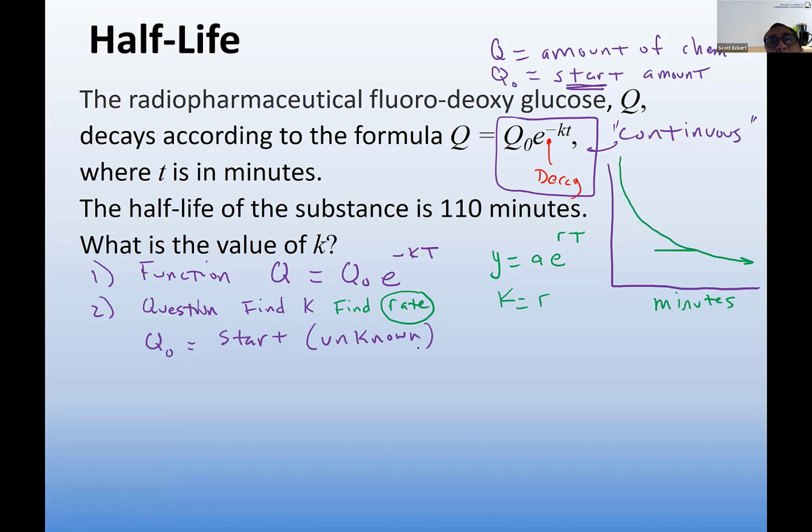They didn't tell us, are they going to put in 1 milligram, 1 milliliter, 2 micrograms? They didn't tell us. Okay, so we do not know Q naught. We do not know K. And that is the one we've got to find. This is our task.